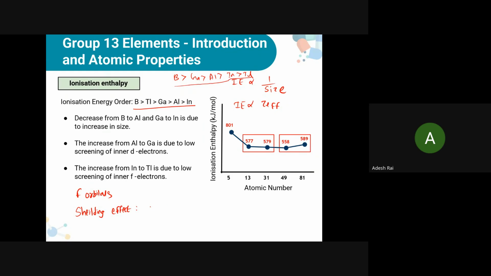The order of the best shielders is s, then p, then d and f. d and f are considered very poor shielders. f is the poorest of all. Is that clear? Therefore, if shielding effect is poor, the outermost electron will be heavily attracted towards the nucleus. Yes or no? Its Z effective will be more.